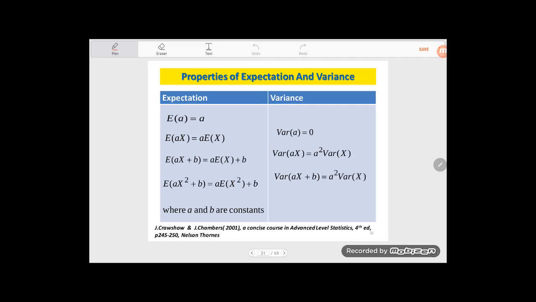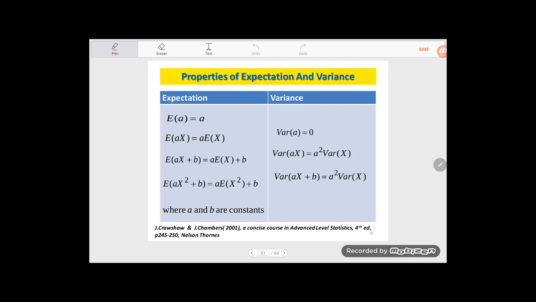The expectation of aX squared plus b we can write as aE(X squared) plus b. For variance, the variance of a constant a is equal to 0.